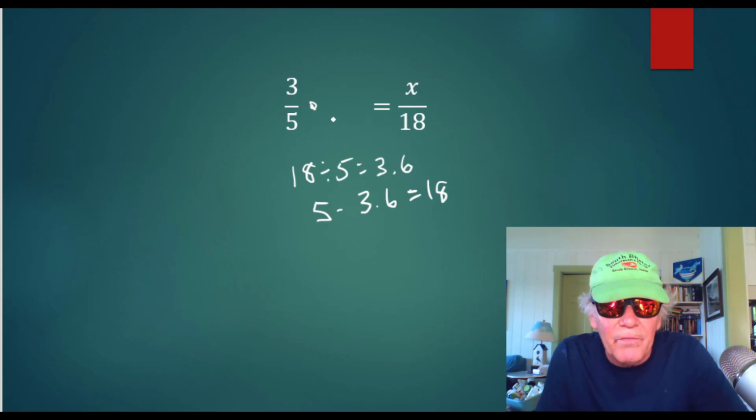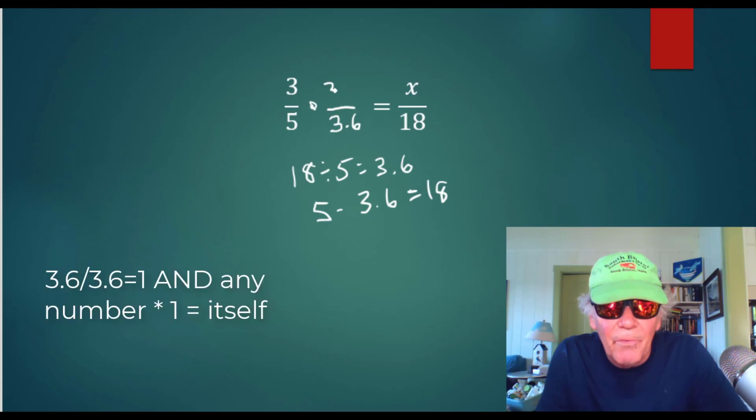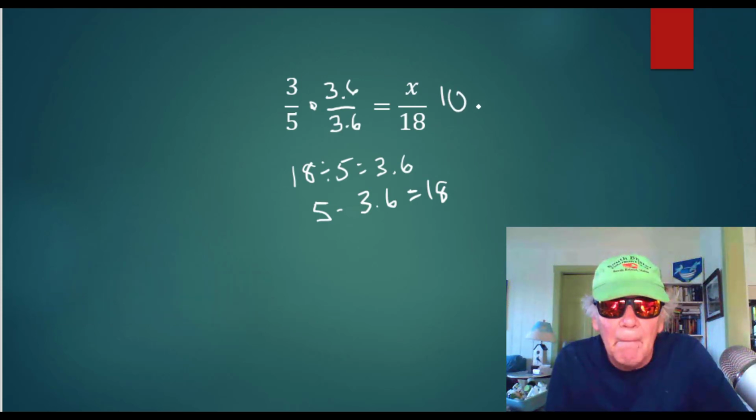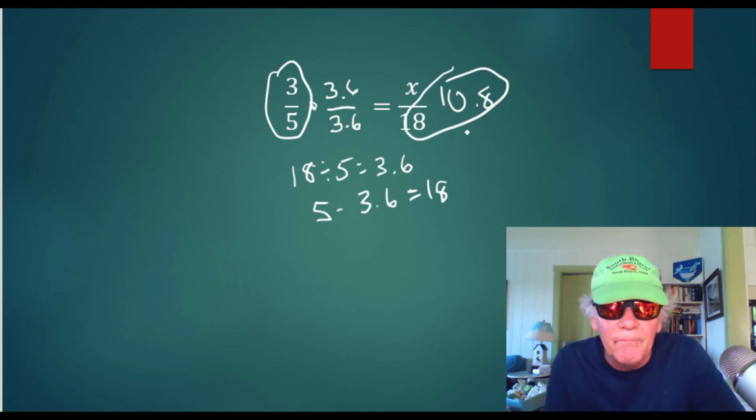So I found this number here, 3.6. And now I'm going to put on the top 3.6. And 3 times 3.6 is 10.8. So 3/5 is the same number as 10.8 over 18.